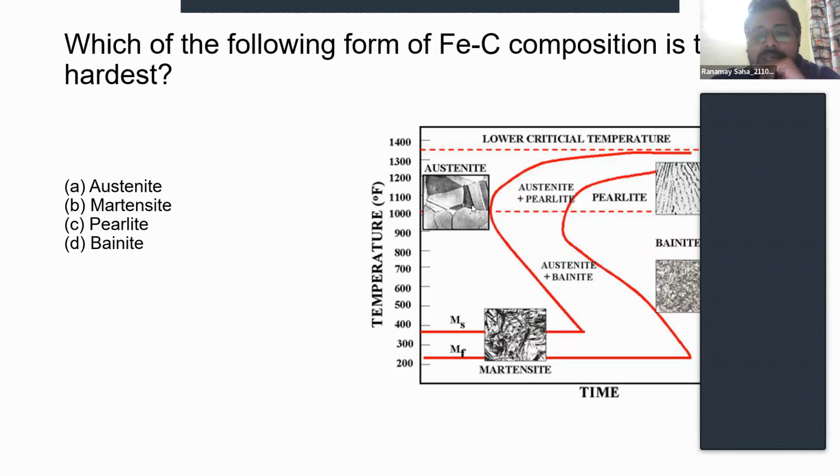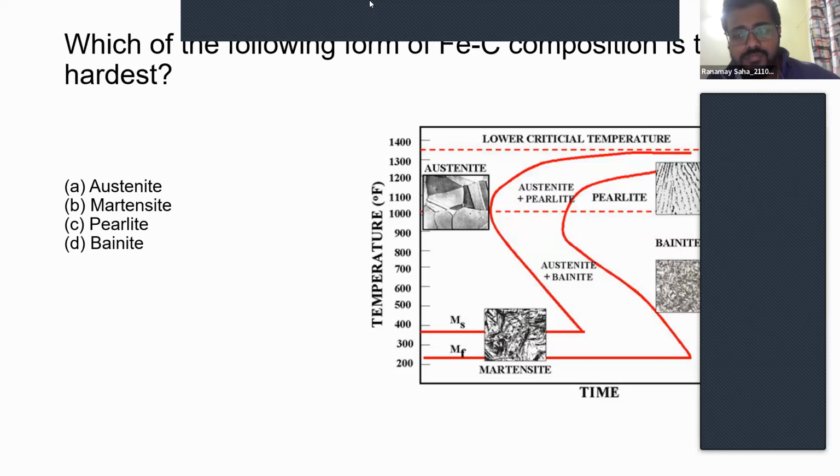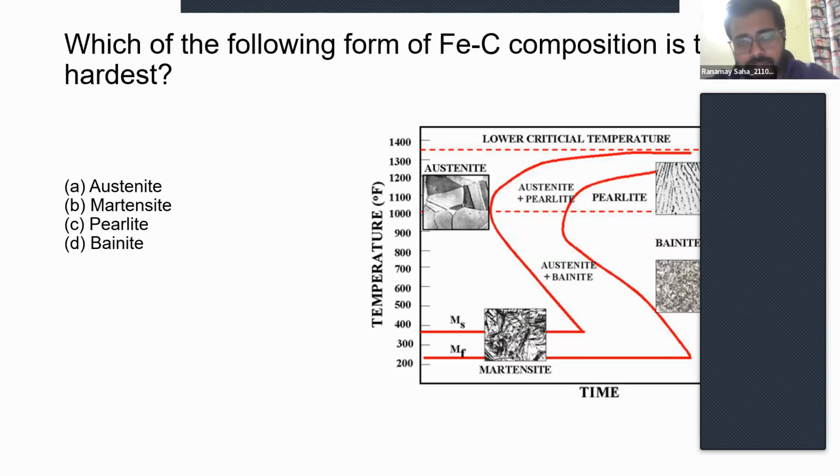If the cooling rate is high, do you know what the process where a high cooling rate is obtained is called? So that is called quenching.